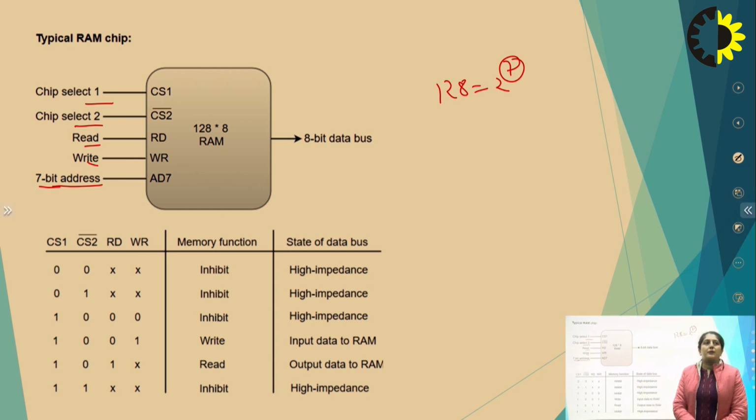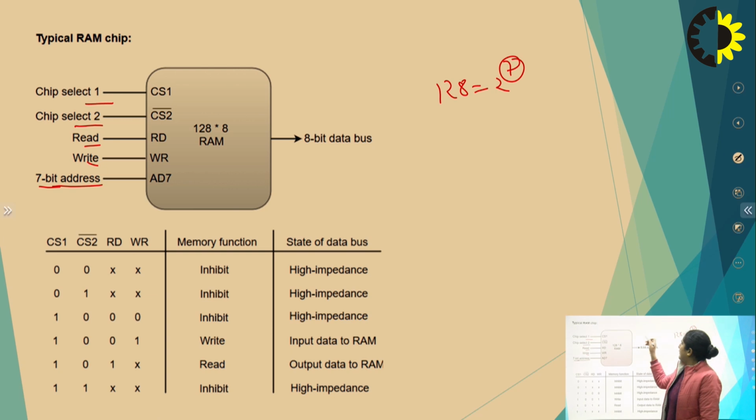These are used because sometimes we need more than one RAM chip to build the memory along with the ROM. So to select among the different RAMs, if there is RAM 1, RAM 2, RAM 3, which one is to be chosen? That's why we use chip select 1 and chip select 2.